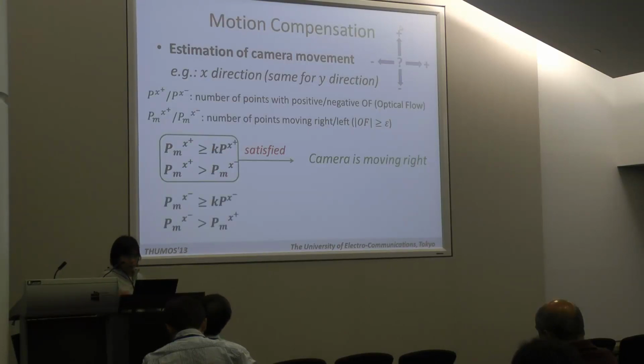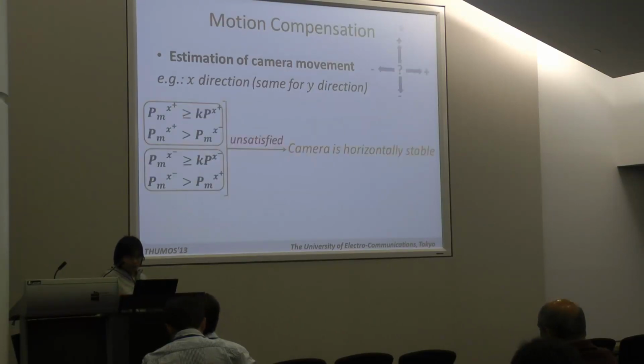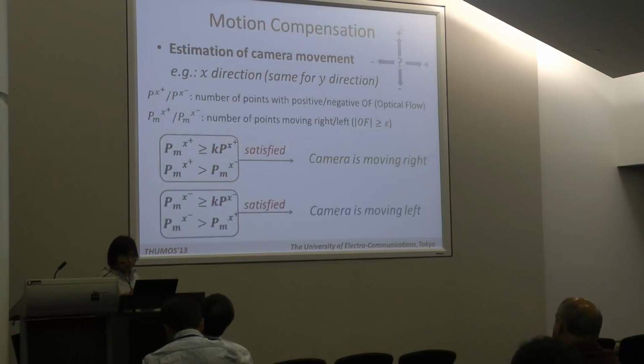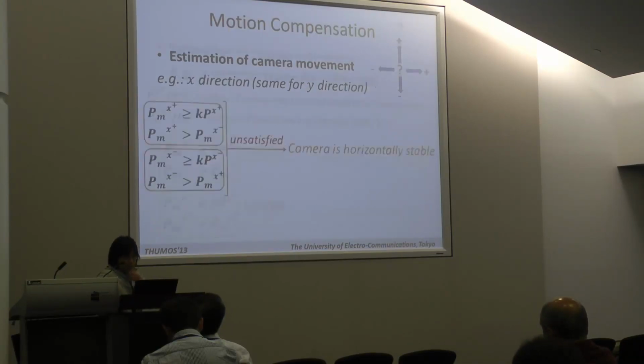And if this condition is satisfied, the camera is considered to move left. This condition simply means that if the majority of the points are moving in a direction, the camera is moving in that direction. And if none of these conditions is satisfied, the camera is horizontally stable. In this case, it's not necessary to compensate the motion.